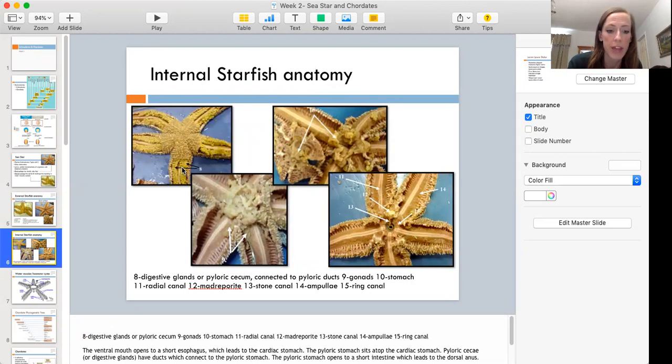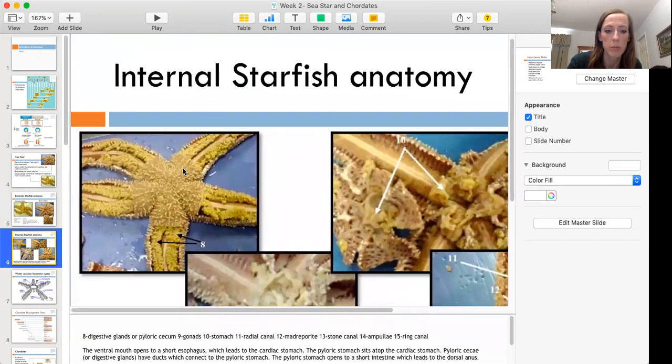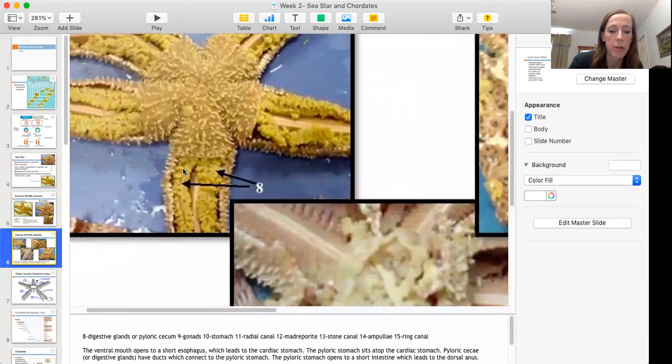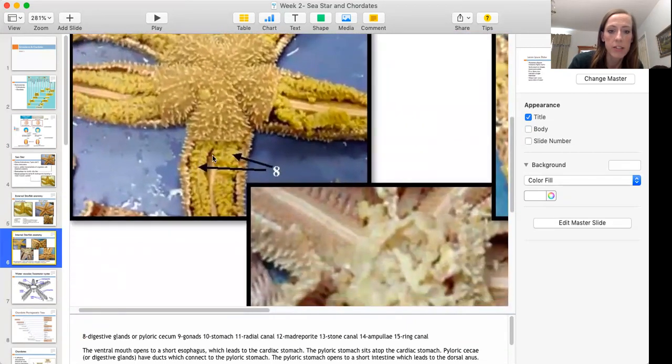And so when you do that, you're going to be able to see several different structures that repeat in each of the arms. So the first structure that you will almost certainly notice is the digestive glands. Okay, so I'm going to enlarge my picture a little bit, showing you that number 8 here, these structures, there's 2 per arm. You can see them kind of coming out of the arm here.